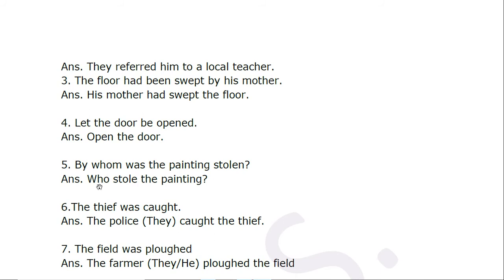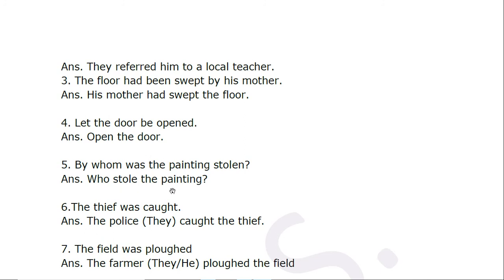Because here they are asking you a question, so you don't know who did the action. That's why you're writing the question over here. Who stole? Clear? Everywhere else you know the actor. Here you don't know who did the action. Only you know on whom the action is done, on the painting. So you know that after the action, this is the action.